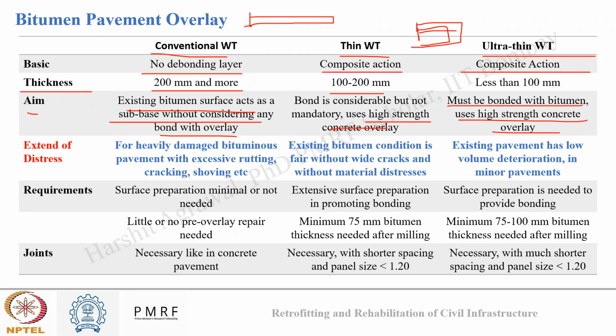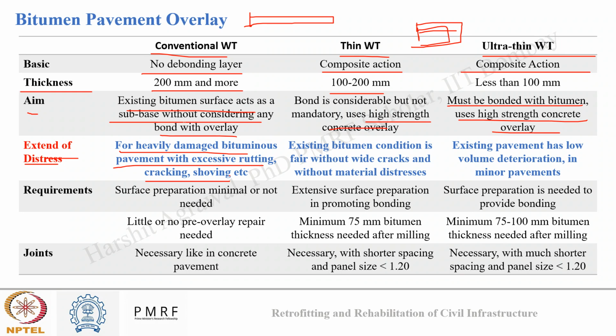Okay, now which overlay I need to choose depends upon the extent of distress. So for heavily damaged bitumen pavement with excessive rutting and cracking, we use conventional white topping. The reason is similar to what we discussed in the concrete overlay. Since my existing pavement is in critical condition, it won't be able to take much load.